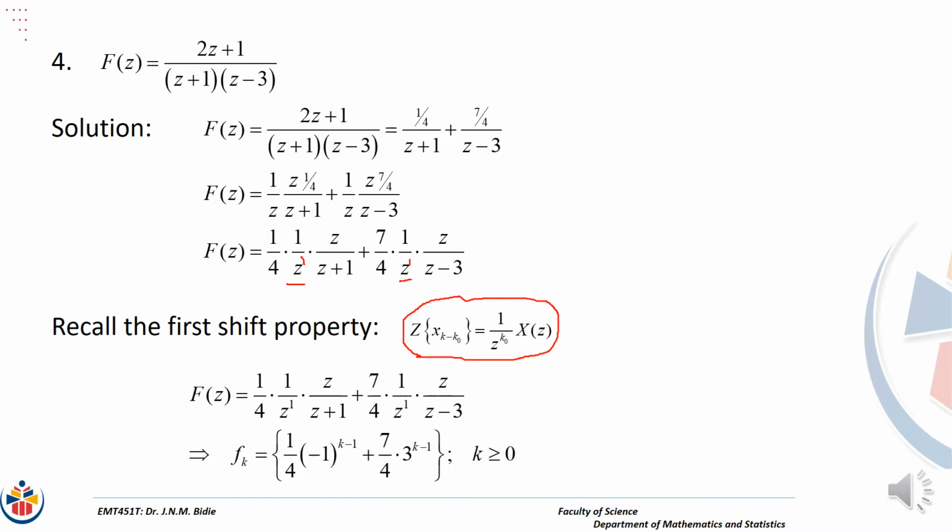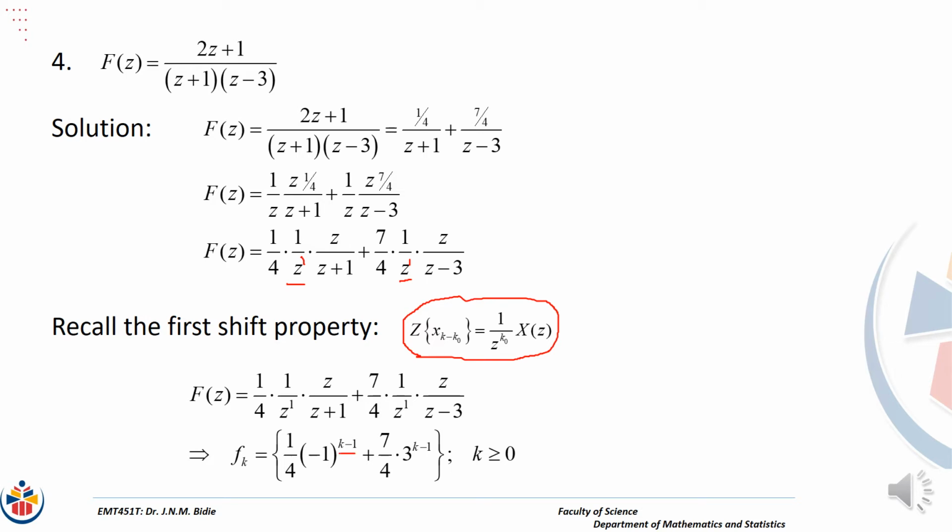So you will have x of k minus 1. Therefore, the z transform of z over z plus 1, which is negative 1 to the power k. But because of that shift with k naught equal to 1, that power has to be k minus 1.